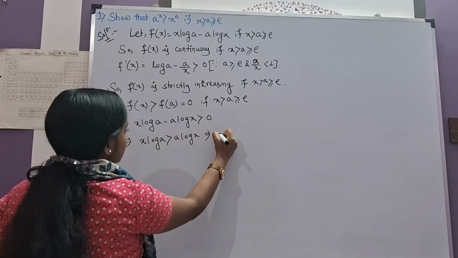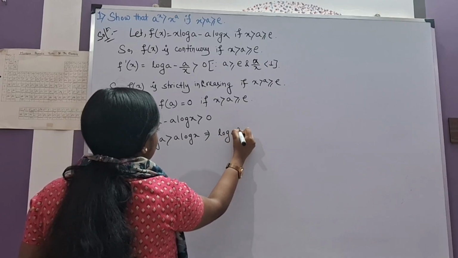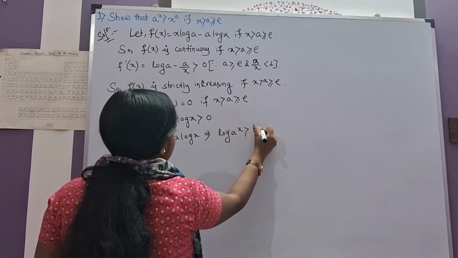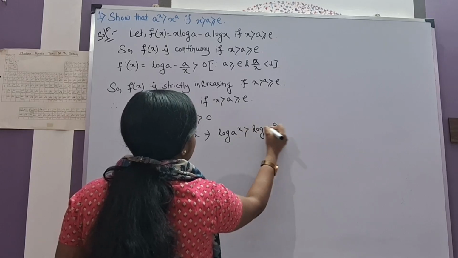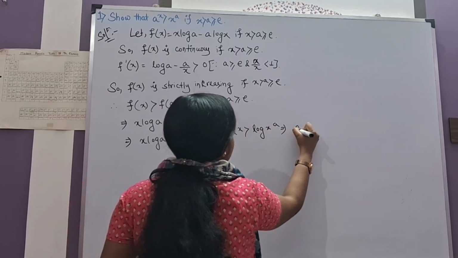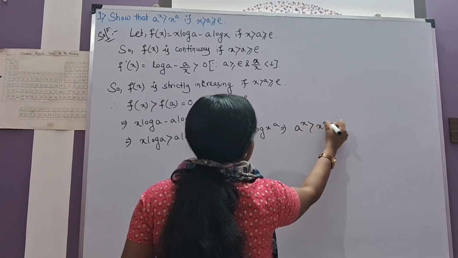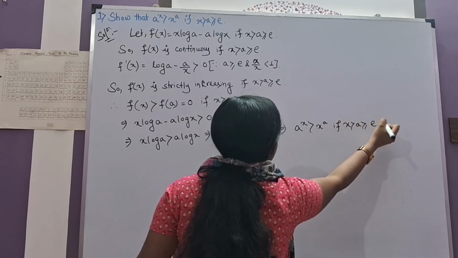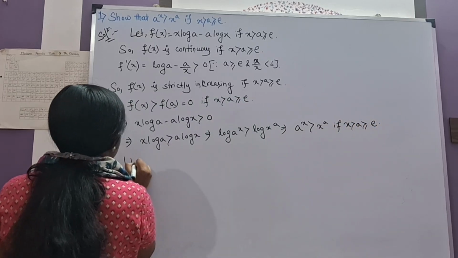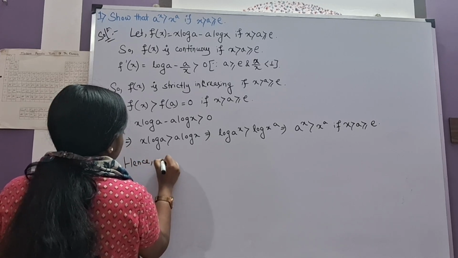So this implies log a to the power x greater than log x to the power a. So this implies a to the power x greater than x to the power a if x greater than a greater or equal to e. Hence, proved.